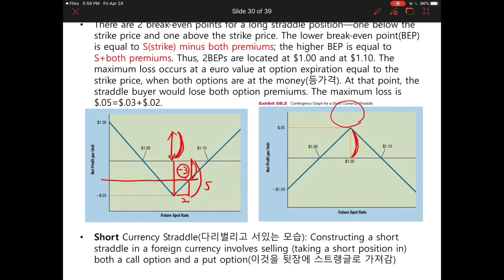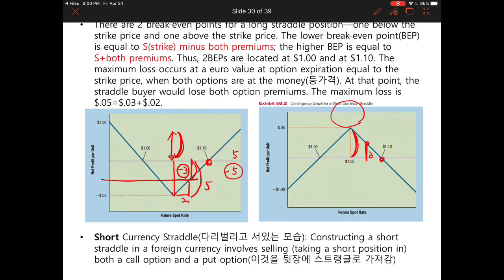So if your net gain becomes minus 3, then the net gain to the seller will be exactly the same, 3 cents. Right, this one. What about the break-even point? You break even for 2 reasons: you lose 5 cents from purchasing, but you earn the same 5 cents by the exercise.